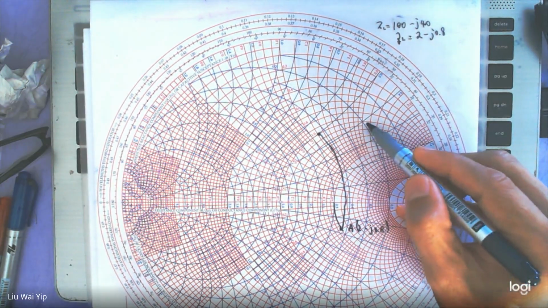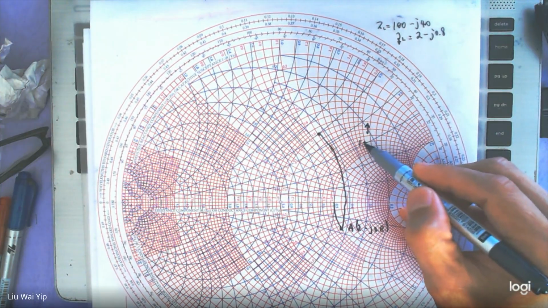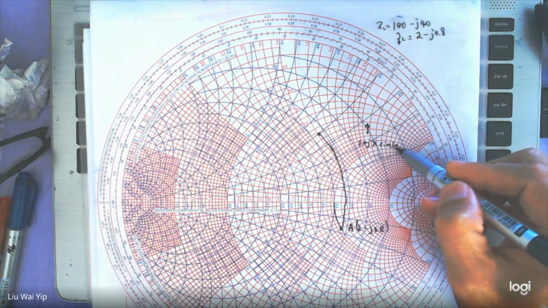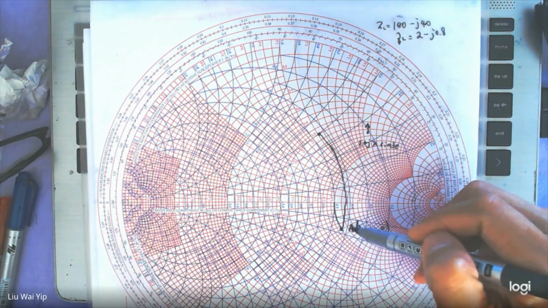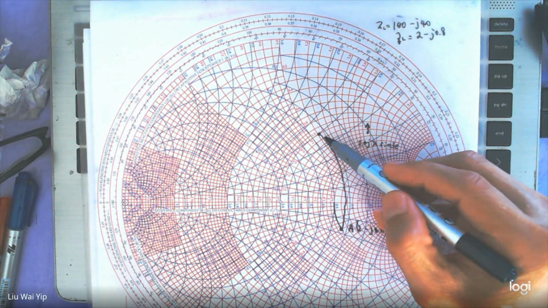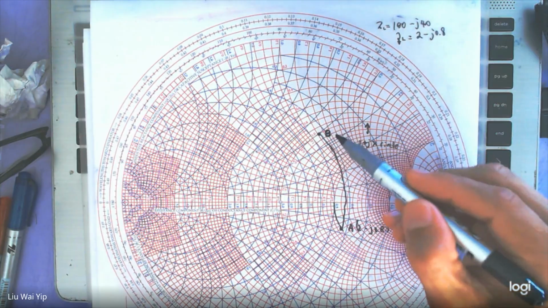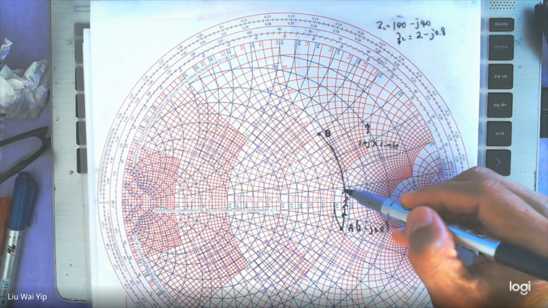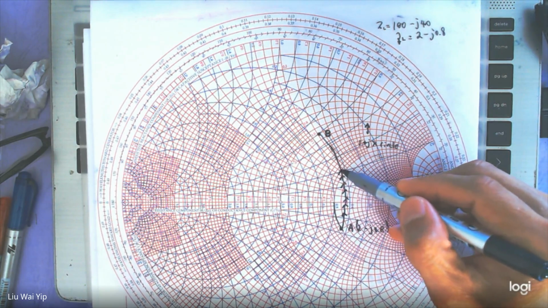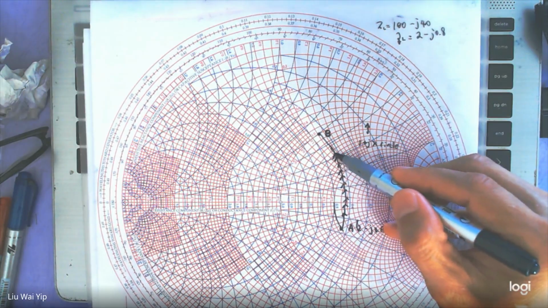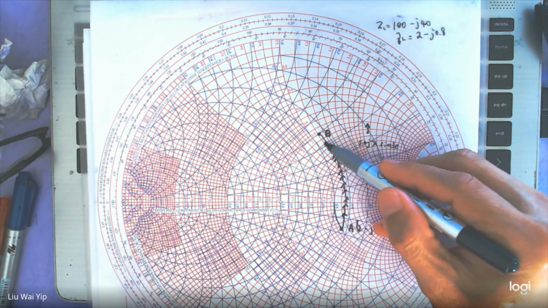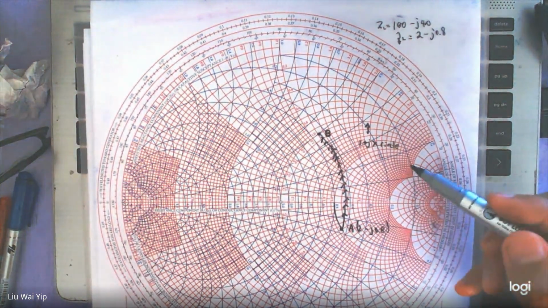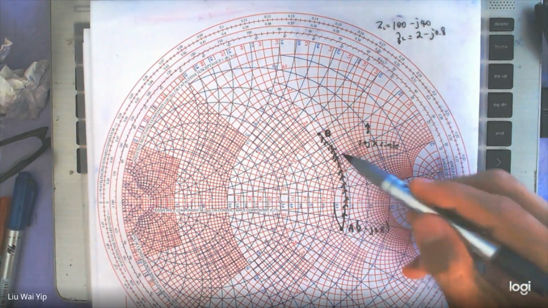So this is the 1 plus jx circle. So here is A, right? I presume here is B, for example. So this is the first step. And the next thing that you are going to do is to count how much susceptance you need in order to bring you from A to B.